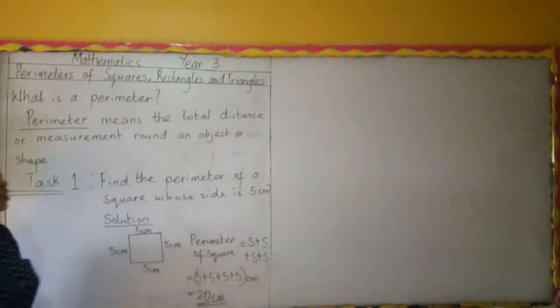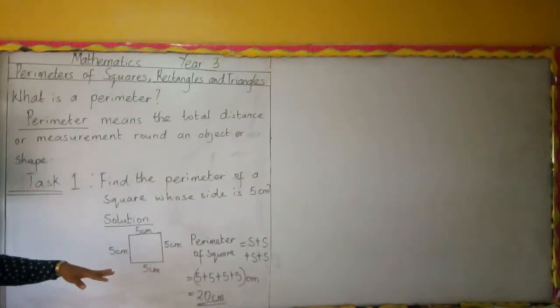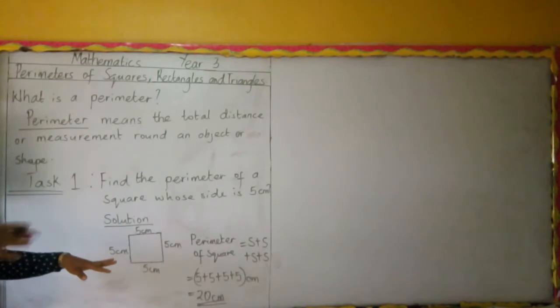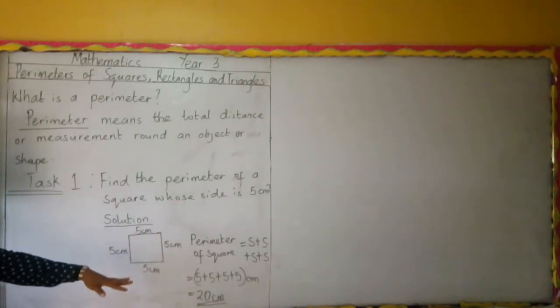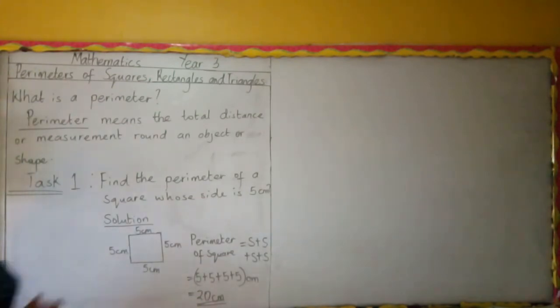That is the perimeter. Are you with me? Good. Do you see this now? Can you see it clearly from the board? Hope you can see it. Good. So that is that.